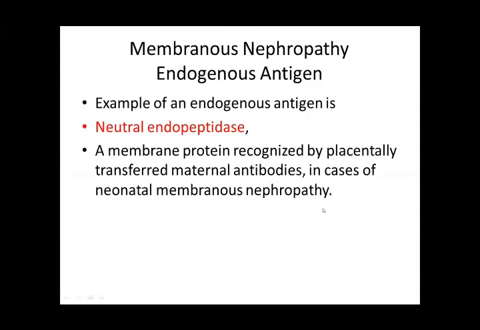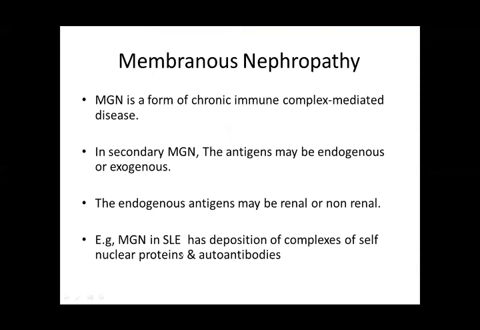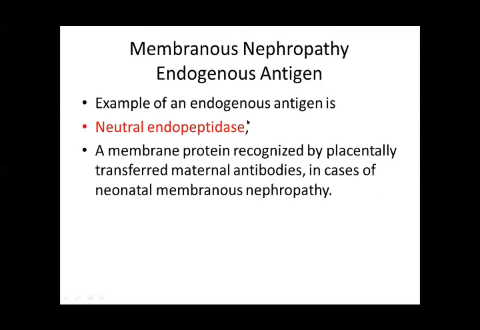Renal origin means the kidney was attacked because of its own antigens, and non-renal means systemic disease like SLE. An example of endogenous antigen is neutral endopeptidase, a membrane protein recognized by placentally transferred maternal antibody in case of neonatal membranous nephropathy.